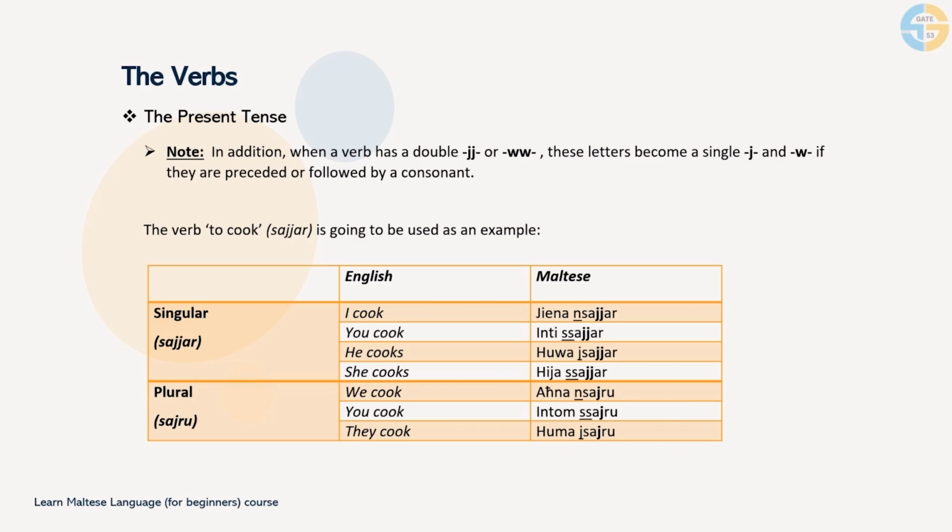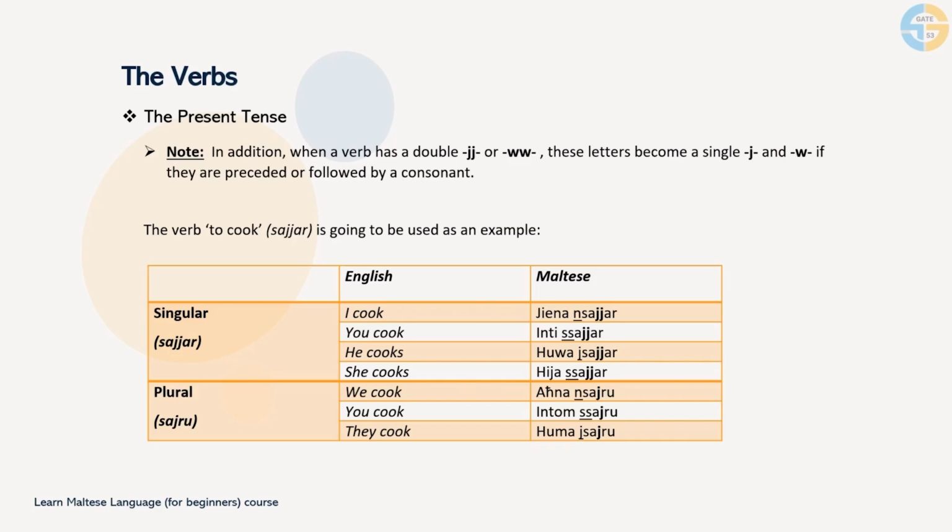Why is one of the y dropped? Because of what is written in the note here: these letters become a single y and a single w if they are preceded or followed by a consonant. In sajru, for example, there is a vowel a before the y, but now there is a consonant after the y, you see?